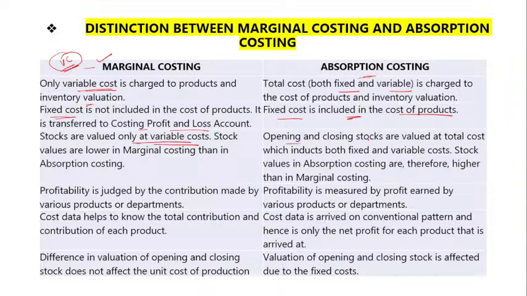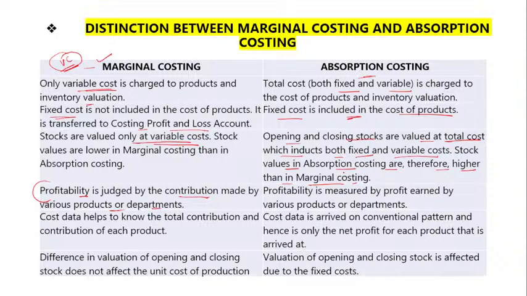The opening and closing stock are valued at total cost in absorption costing. In marginal costing, profitability is judged by the contribution made by the various products or departments.